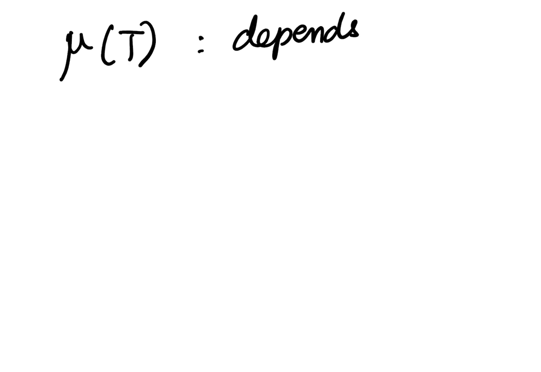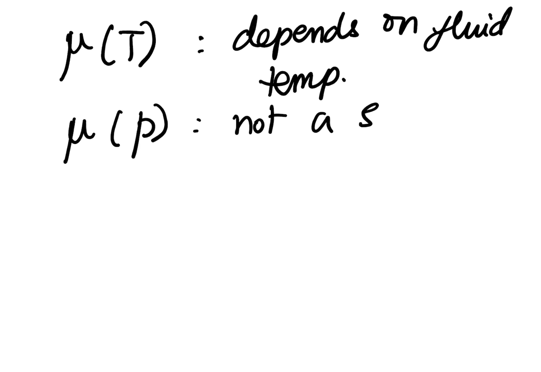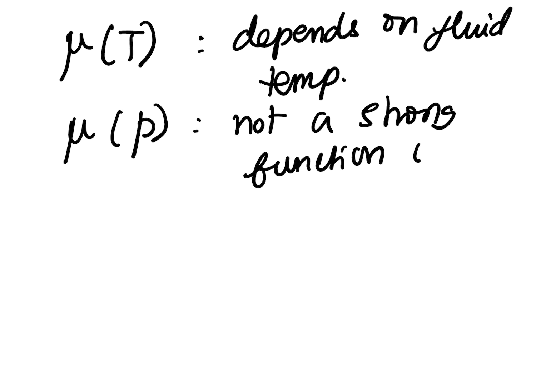Okay. Another aspect of viscosity that you should understand is that viscosity is a strong function of temperature. It depends on fluid temperature. And it should also be noted that viscosity is not a strong function of pressure. That is, viscosity, unlike density, does not change much with pressure.